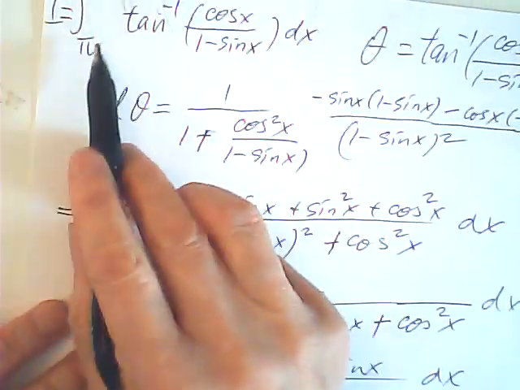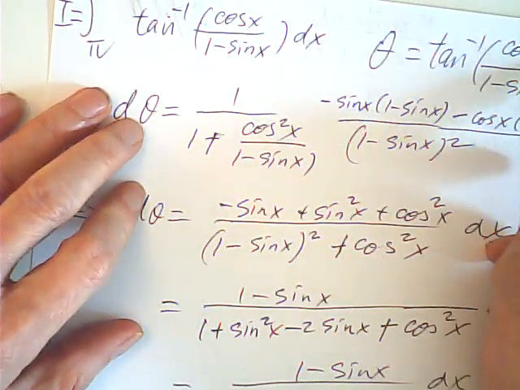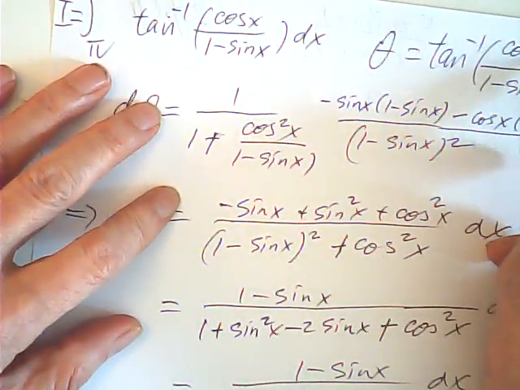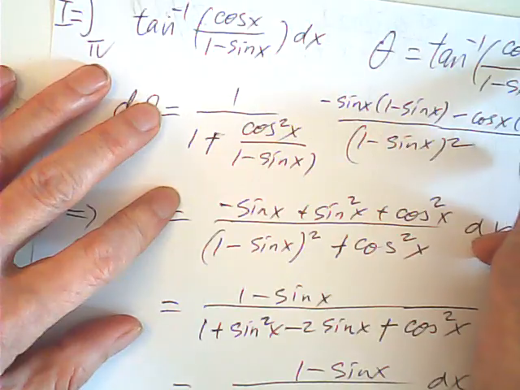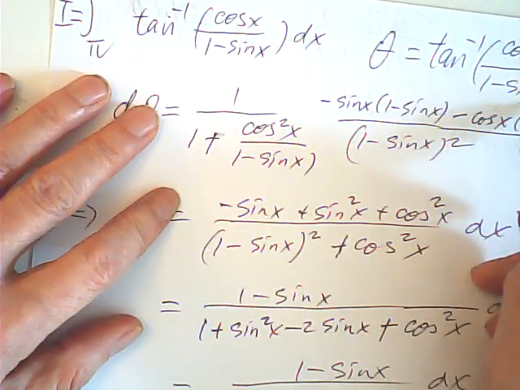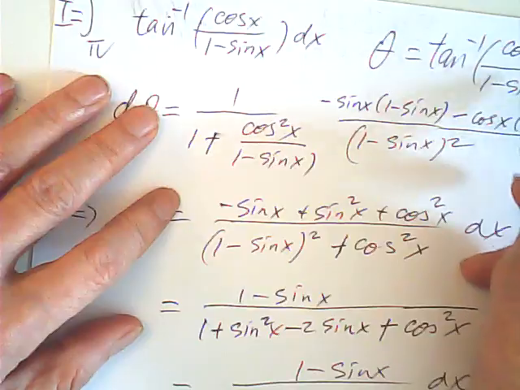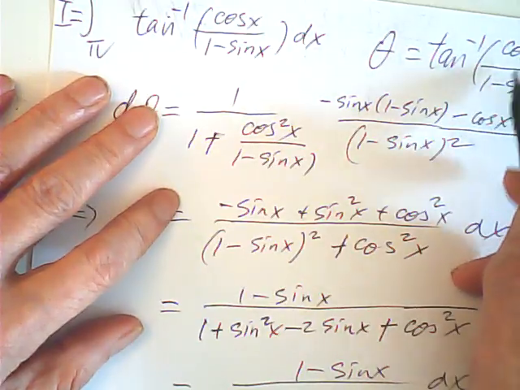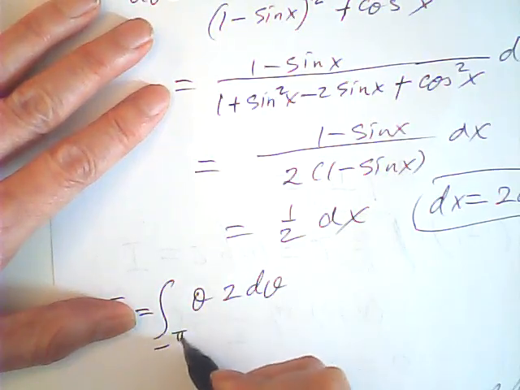Now when x is equal to pi, this is negative cotangent pi, which is what? Negative 1, right? This is a 0. So negative 1 for tangent is a minus quarter pi.